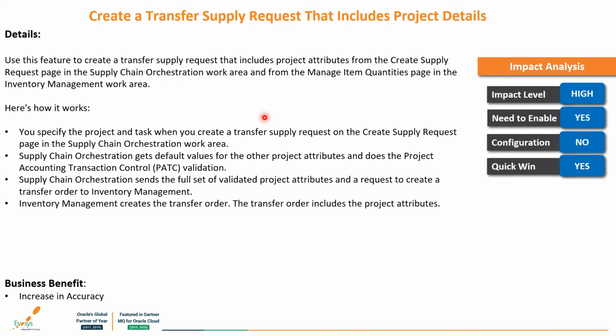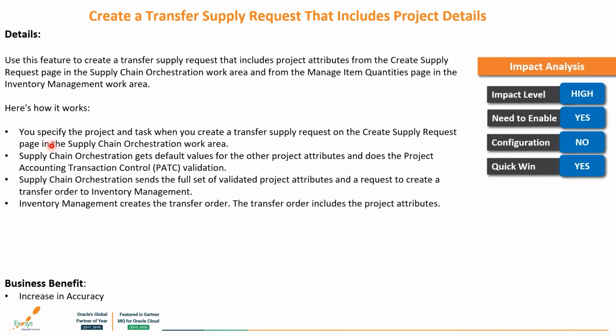The next one is create a transfer supply request that includes project details. This could be an interesting feature because if we have projects defined in our organizations, and we want to pass that project-level information onto the inventory side as well, with the help of this transfer supply request, we can include the project details.